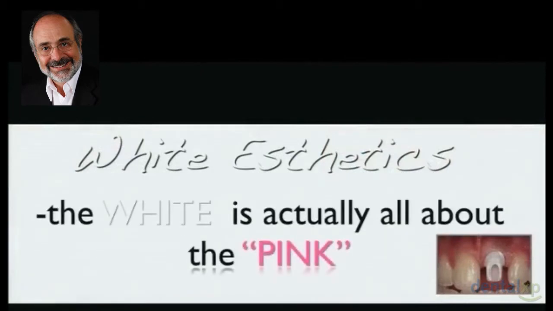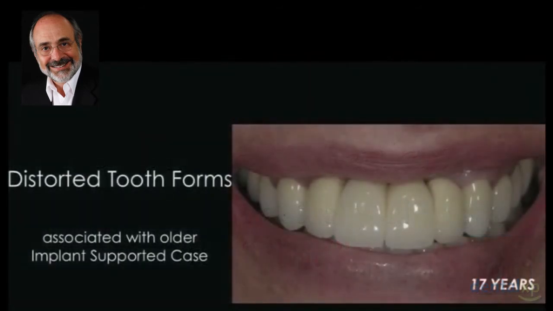So the only problem I have with white is when it's impacted by the pink, when the shape of the pink determines an aberrant form of the white. Like this. It's an older case, it's 17 years old, quite nice porcelain, isn't it?